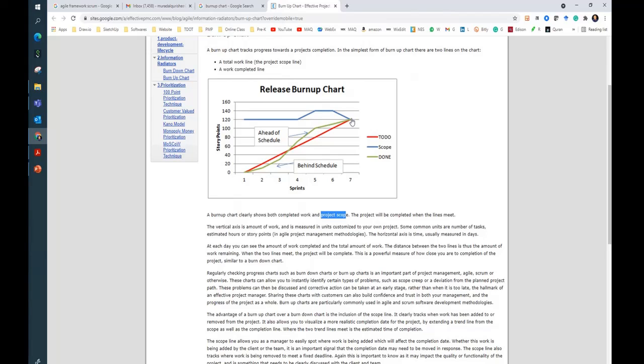And then you are meeting in here. So when you touch the scope line, that means you are done. Right? Okay. So in here, they are saying that the project will be completed when the lines meet. So this line and this line meet. So this is the completion of work. To take this one, this is more informative.